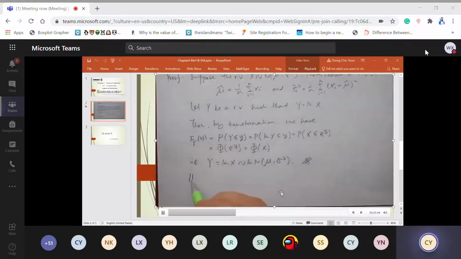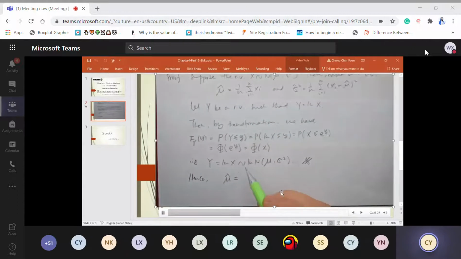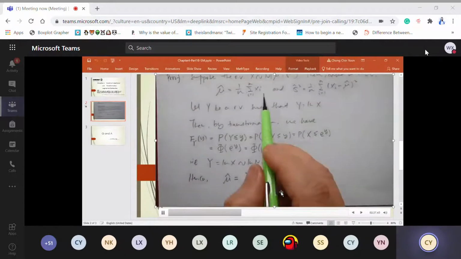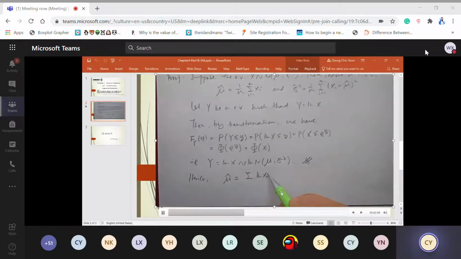Now, hence, the estimate of this parameter mu is equal to the sample mean, that is the summation of the observation, which is replaced by log xi, when i takes from 1 to n, divided by n.